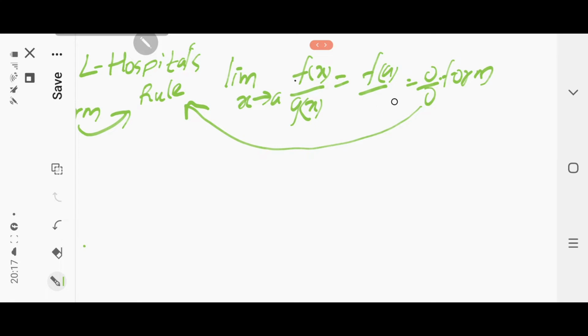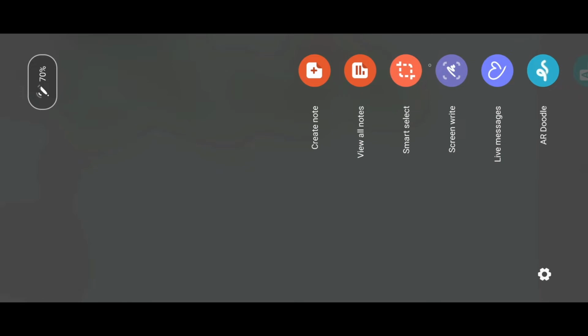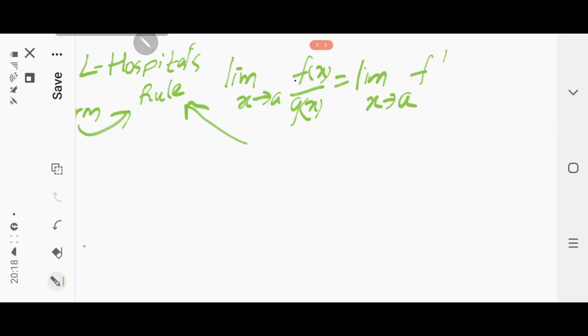If it is 0 by 0 form, the rule tells that the limit is the same, limit x tends to a, you take the derivative of the numerator as well as the derivative of the denominator.